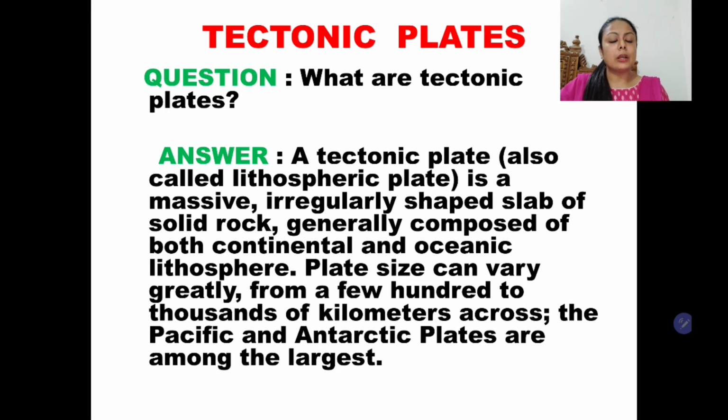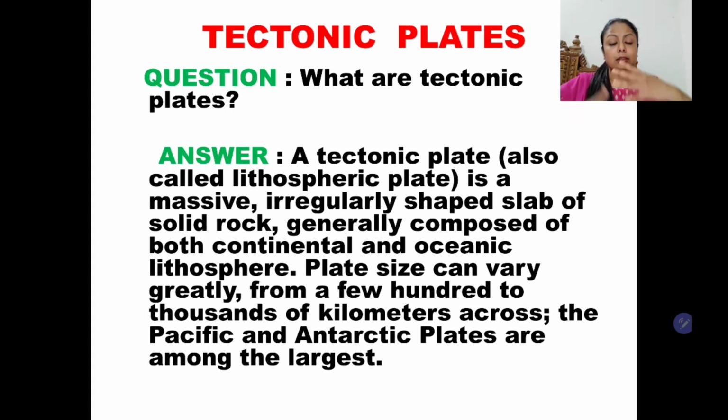You can see them in the form of different continents and the ocean floor. We say these lithospheric slabs are tectonic plates, and they are moving over the asthenosphere, and the reason is said to be the convectional current in the mantle.